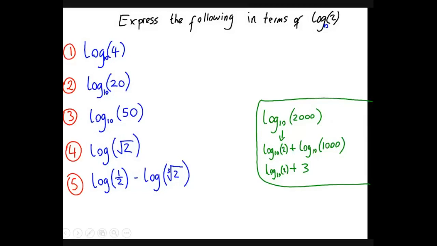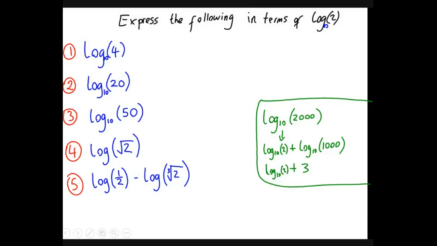I'm a bit confused about the log 10. Which one, sorry? What is the log 10? The question is asking us to express the following 5 expressions in terms of log to the base 10 of 2.